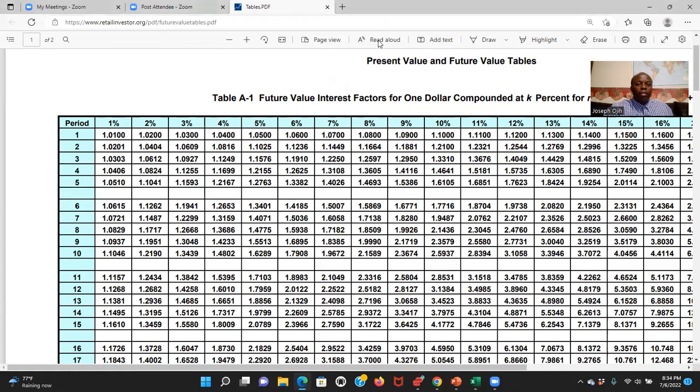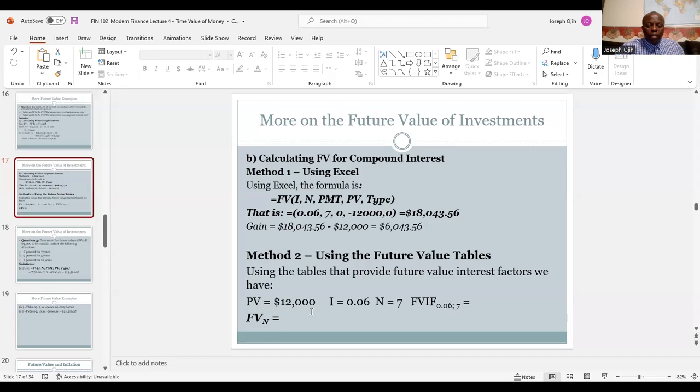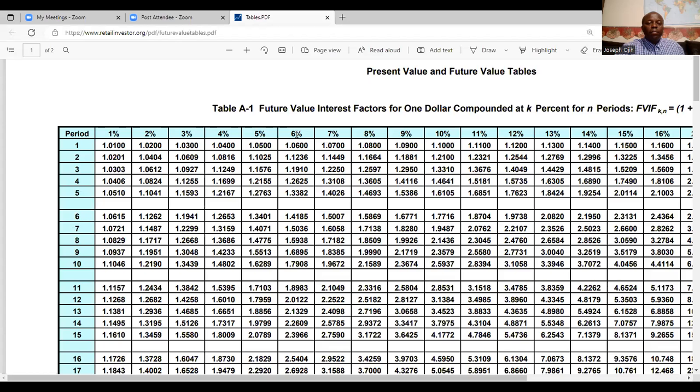So now let's see. Now look at the table. We are looking for interest of 6% for 7 years, so the future value interest factor for 6% and 7 years. This is the table of present and future values.